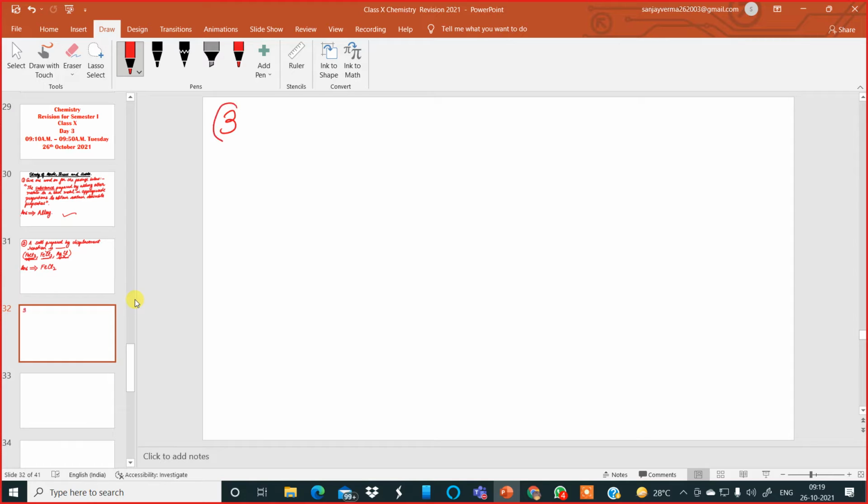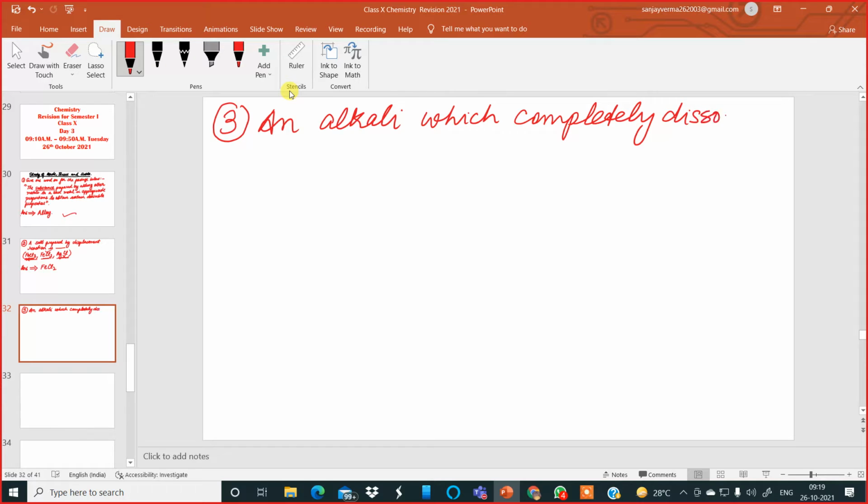Now question number three. An alkali which completely dissociates into ions is, I'm giving the options in this manner.